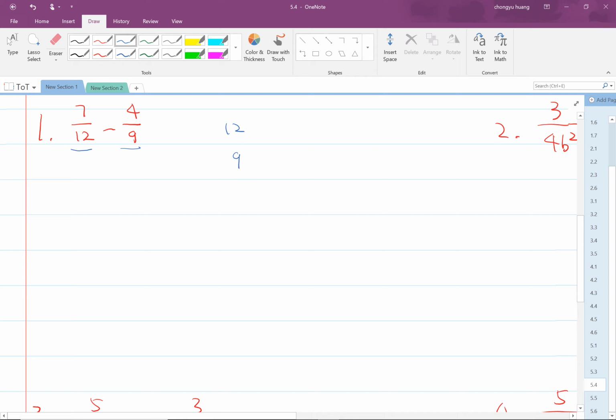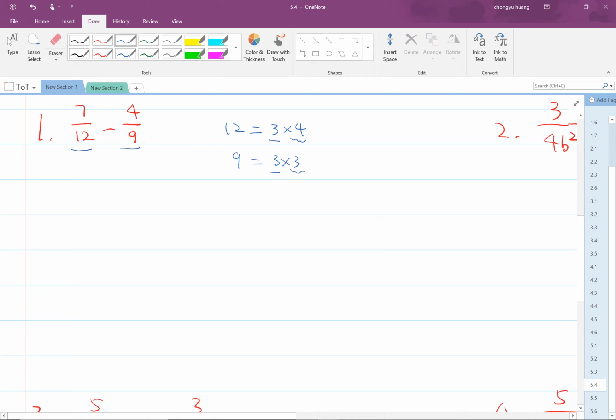So you want to find the least common denominator between 12 and 9, and you can see 12 is equal to 3 multiplied by 4, right? And then 9 is equal to 3 multiplied by 3. So you can see we have a 3 in common, and then we have 4 and another 3 that are different, right?